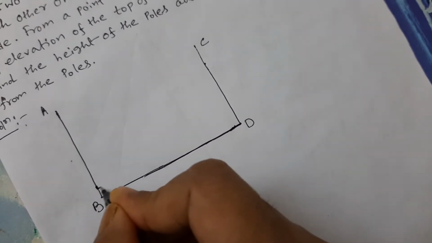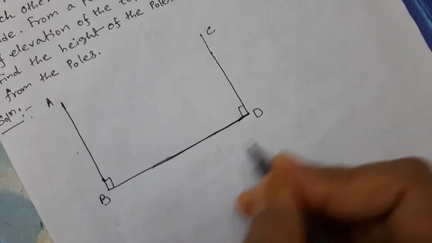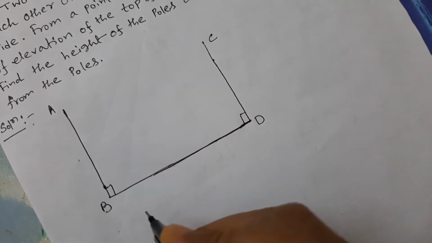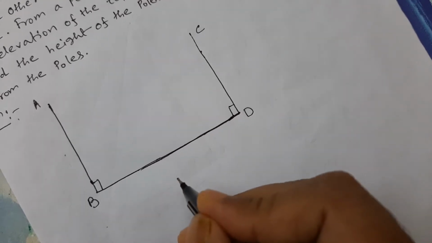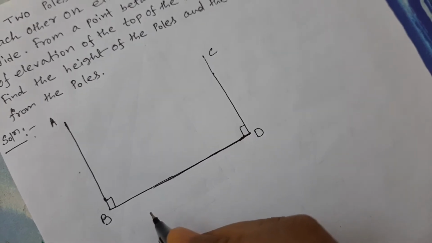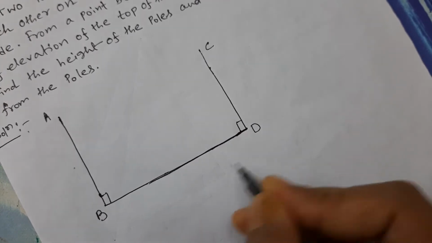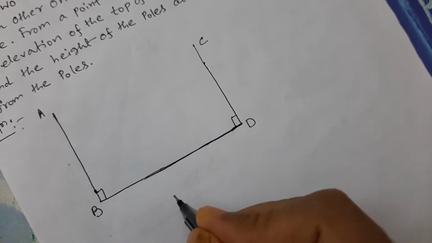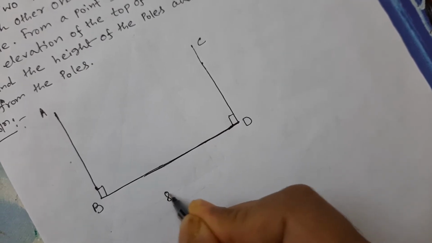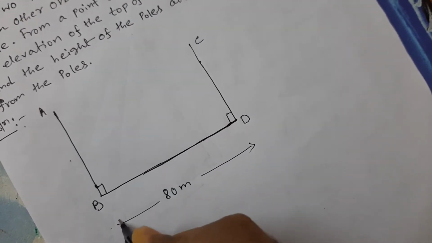AB and CD are at 90 degree, and BD, the road between two poles, is the base. Now the question says two poles of equal heights are standing opposite each other on either side of the road. BD, the road, is 80 meter wide.